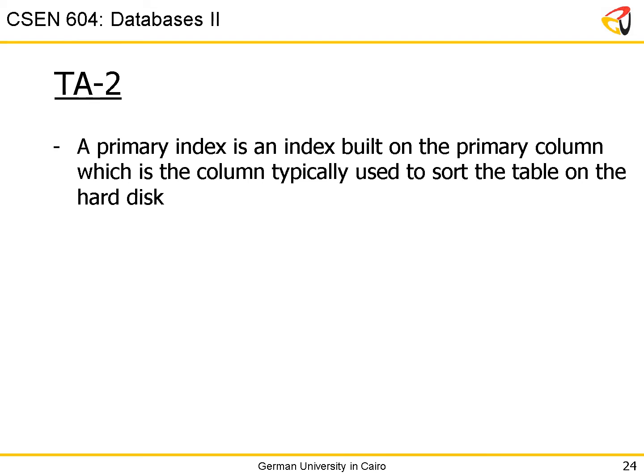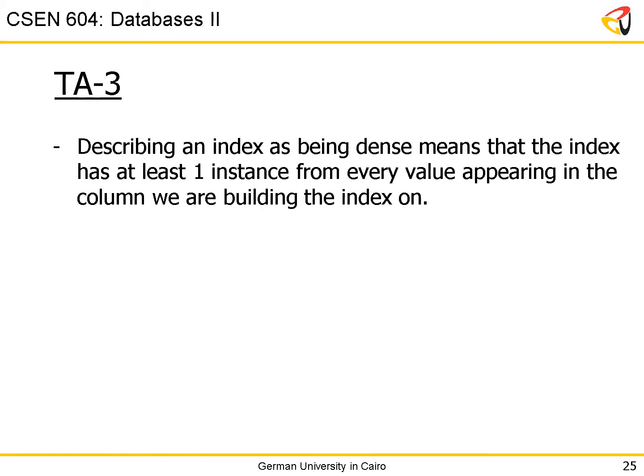So here are some takeaways. A primary index is an index built on the primary column, which is the column typically used to sort the table on the hard disk. Another takeaway: describing an index as being dense means that the index has at least one instance from every value appearing in the column we are building the index on.